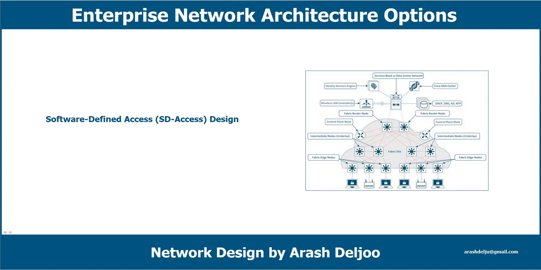We will learn more about software-defined access, or SD-Access, in the future, but for now we can say that one of the newest methods of enterprise network architecture is using software-defined access, or SD-Access.